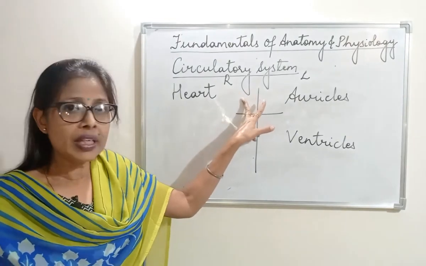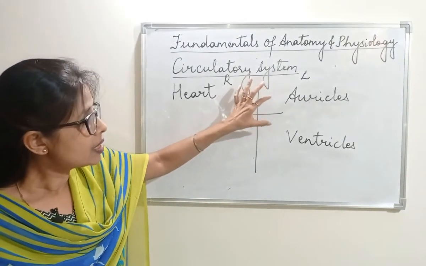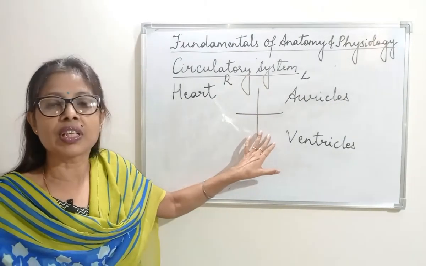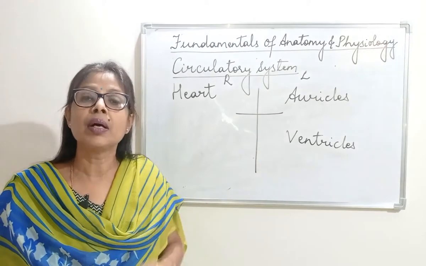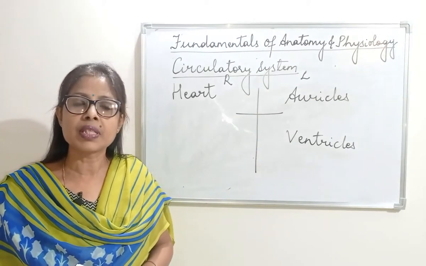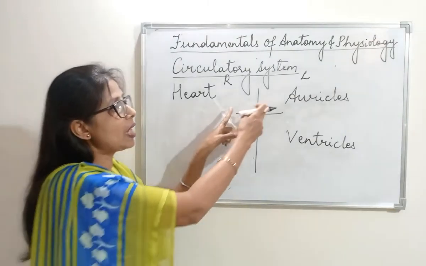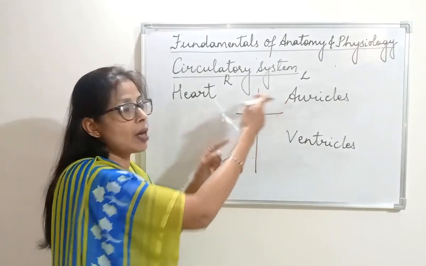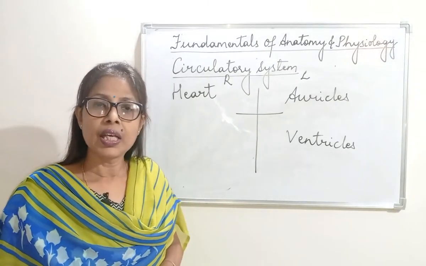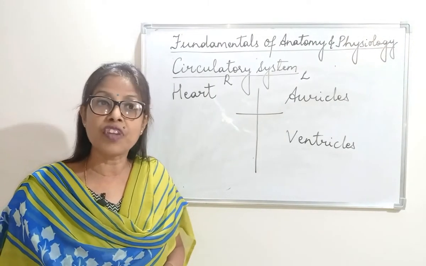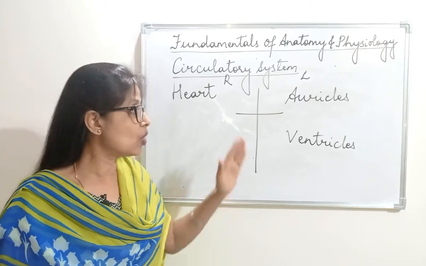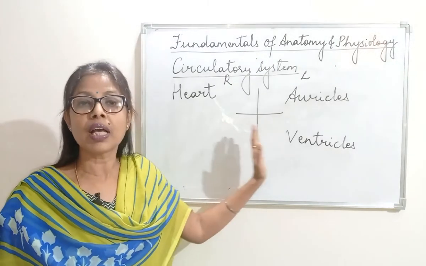The two auricles and the ventricles are separated by a septum. Septum means a partition, so that the blood does not mix among themselves. If they mix, it can become fatal for the human being, because one side is impure and the other side is pure.